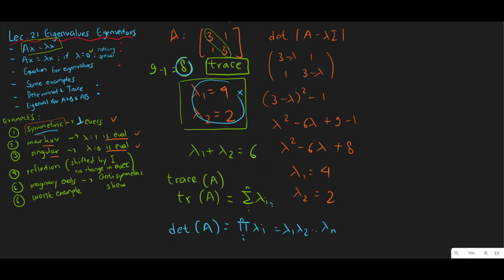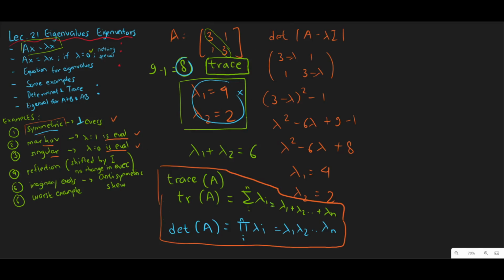And this, in green, is the summation of the lambdas. So these are the two things I want to discuss at this point, the trace and the determinant.